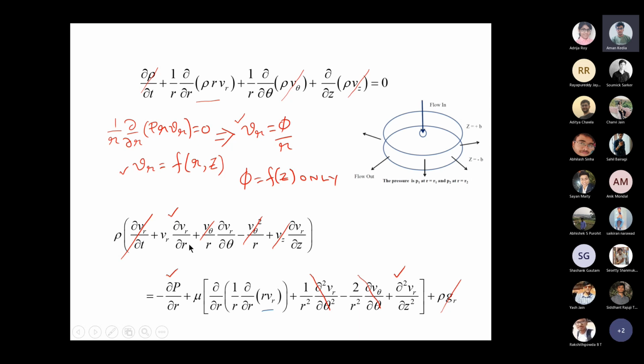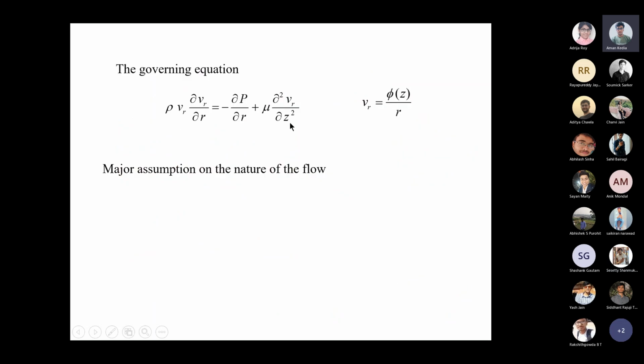I have taken this term into account first. That's one remaining term, second remaining term, third remaining term. How about this term? This term will be 0 because RVR is only a function of z. So del del r of a function of z would also be equal to 0. So that's why I have the governing equation in this form.